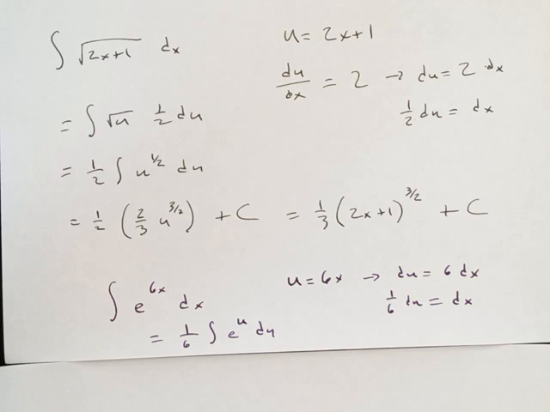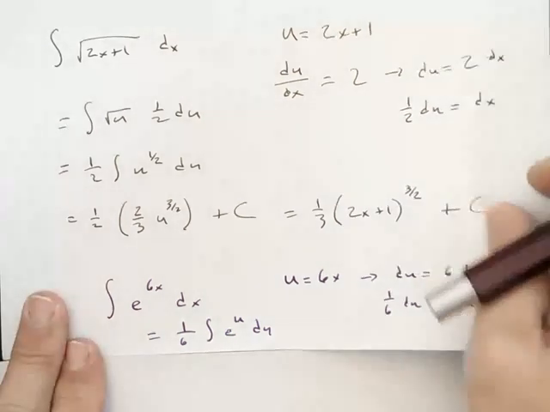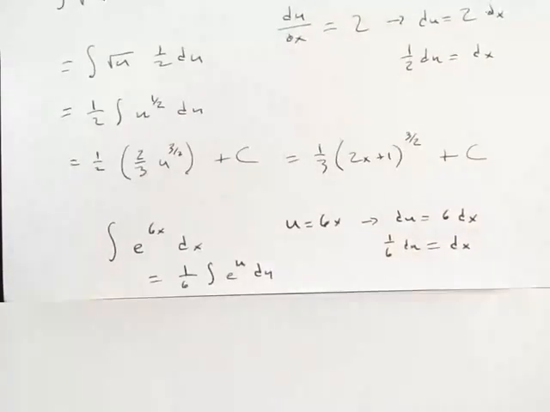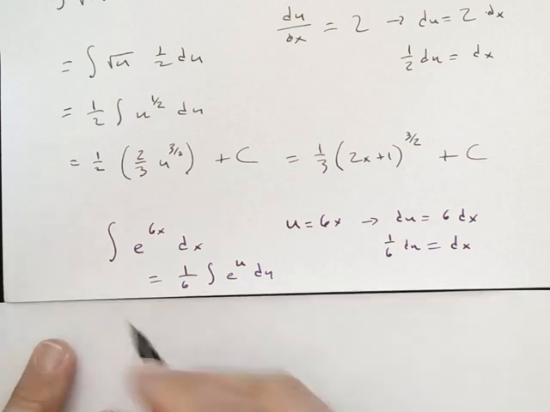My goal is to not be too pedantic. You must write out all of these steps all the time. But if that helps you learn them all, that's a better choice. Okay, I do my antiderivative. The antiderivative of e to the u is e to the u. But wait, there's more. Plus c.